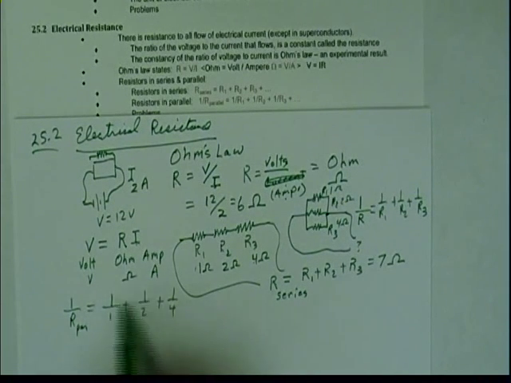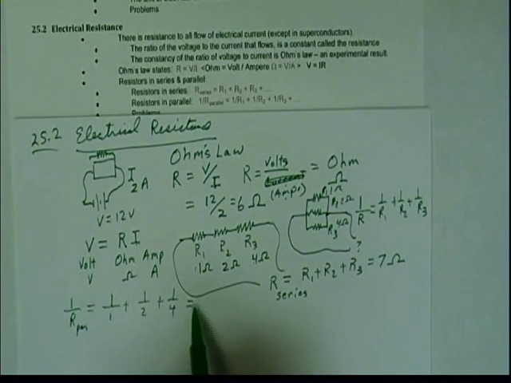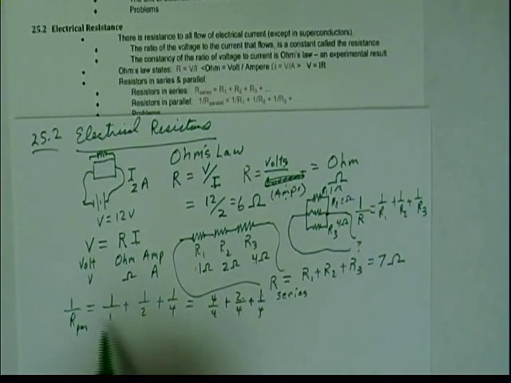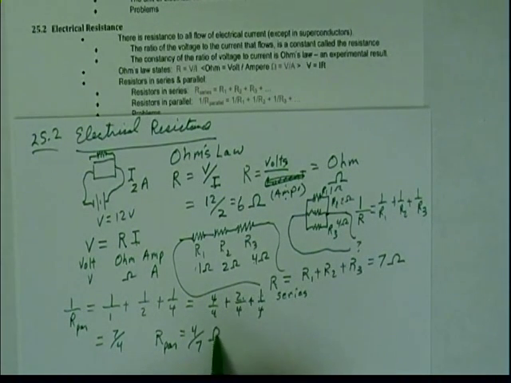And this has a common denominator, which is the same as 4 over 4 plus 2 over 4 plus 1 over 4, or 4, 5, 6, 7 over 4. So it's 7 over 4. But don't forget that this is the reciprocal of the resistance. So the resistance in parallel is going to be given by 4/7 ohm.